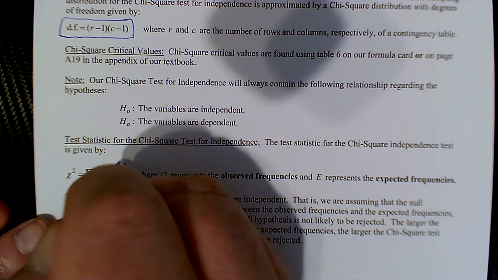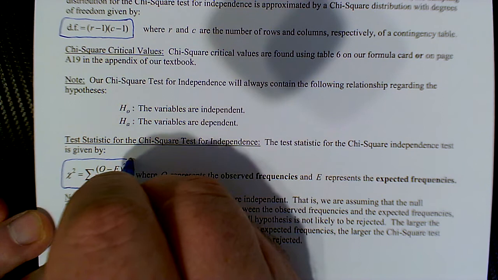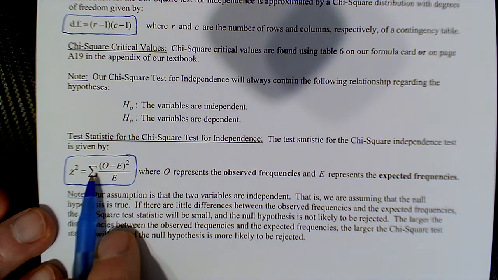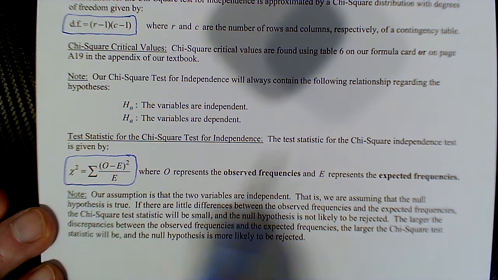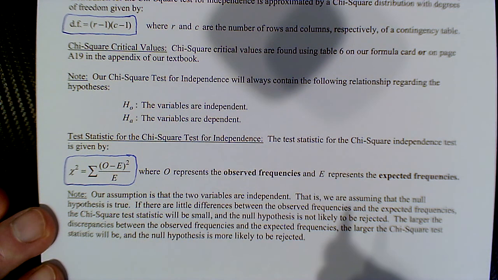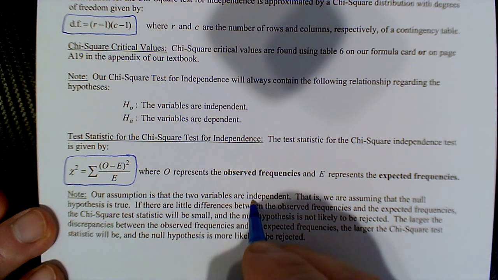And here's the formula for the chi-square test statistic. Notice it's the sum of the O's minus the E's, quantity squared, over the E's, where O and E are observed and expected, respectively.